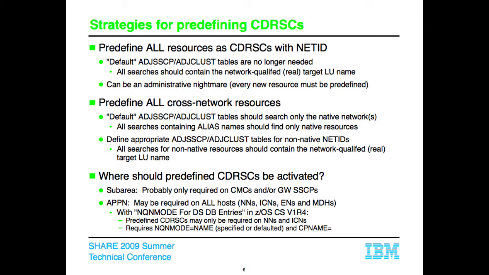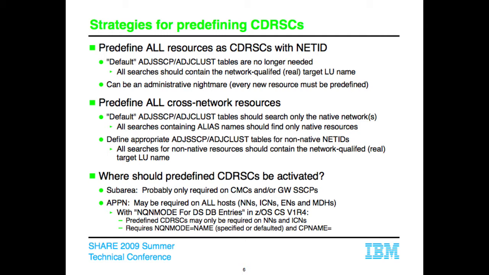And by predefining everything, you don't really need a default adjacent SSCP or a default adjacent cluster table to use. That is, of course, assuming that you have predefined adjacent SSCP tables and adjacent cluster tables for every valid net ID that you might be searching for. Since we always have a network ID specific table to use, and since all of our searches should be network qualified, then we typically would be able to pick the best table and always search that way.